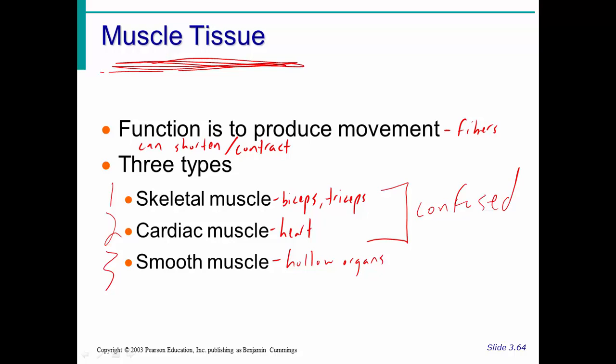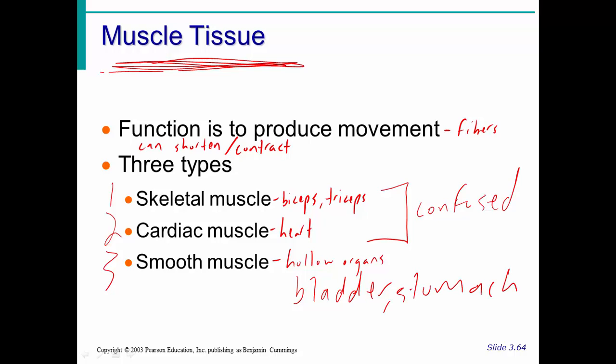Cardiac muscle is only in the heart, and then smooth muscle in our hollow organs, like our bladder. Remember, our bladder is an organ. We've already gone through transitional epithelium, remember, with the fluffier cells that have the ability to expand and contract. But the actual muscle that is going to move things out of our bladder will be smooth muscle, and the stomach as well.